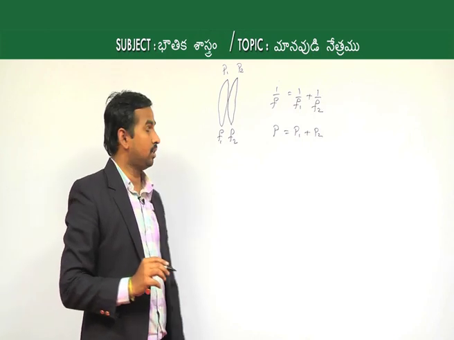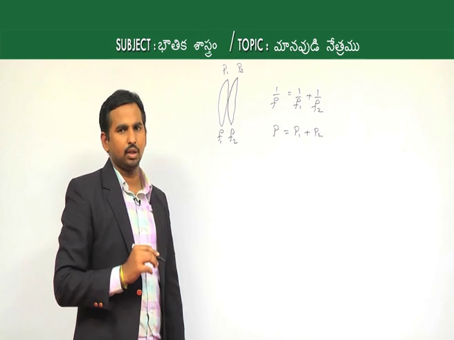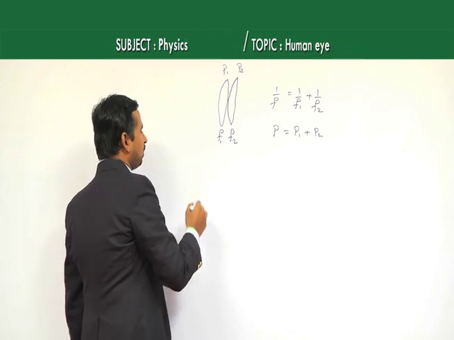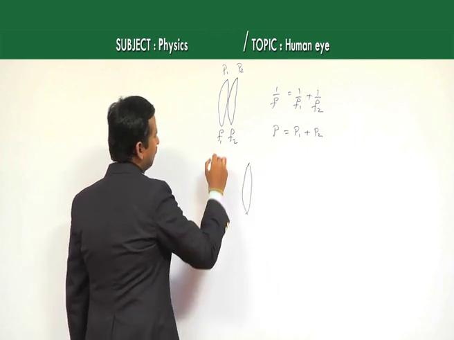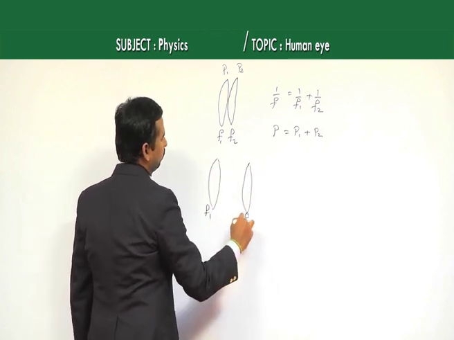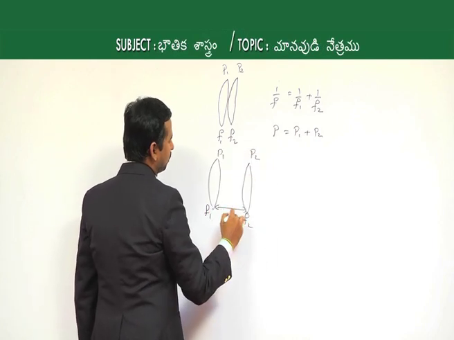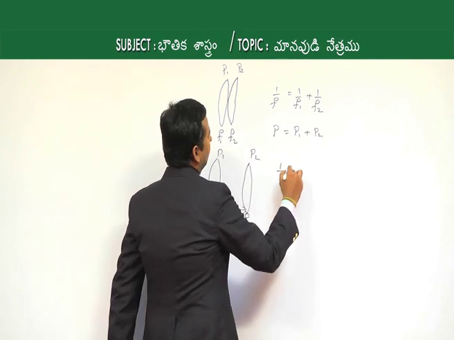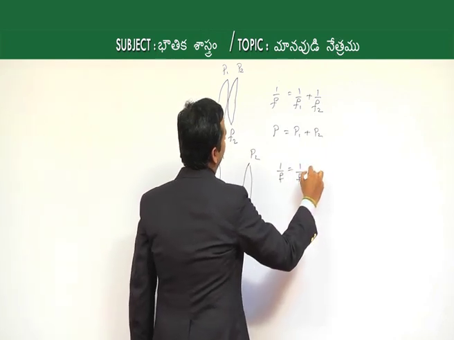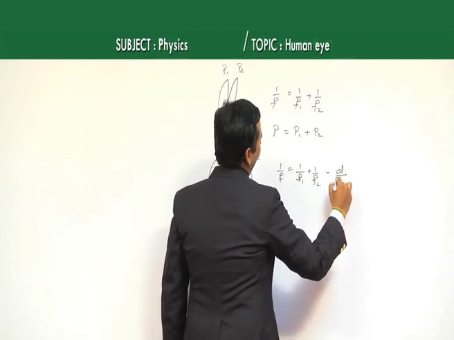If the distance between the two lenses is 0, then we use this formula. If there is a distance d between the two lenses, with focal lengths f1 and f2 and powers p1 and p2, then the formula is 1 by f equal to 1 by f1 plus 1 by f2 minus d by f1 f2.